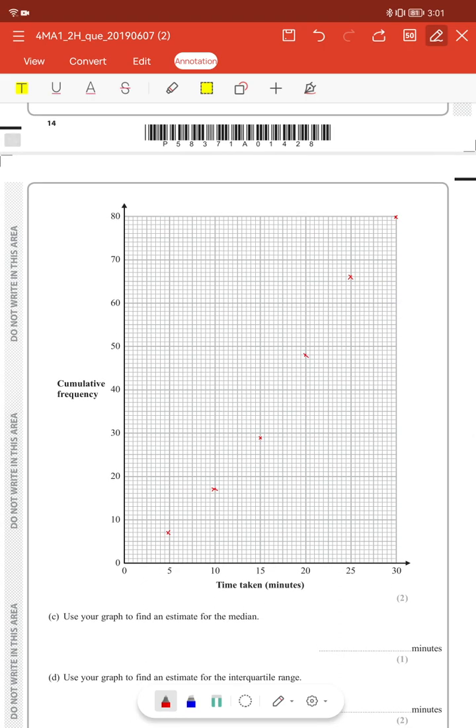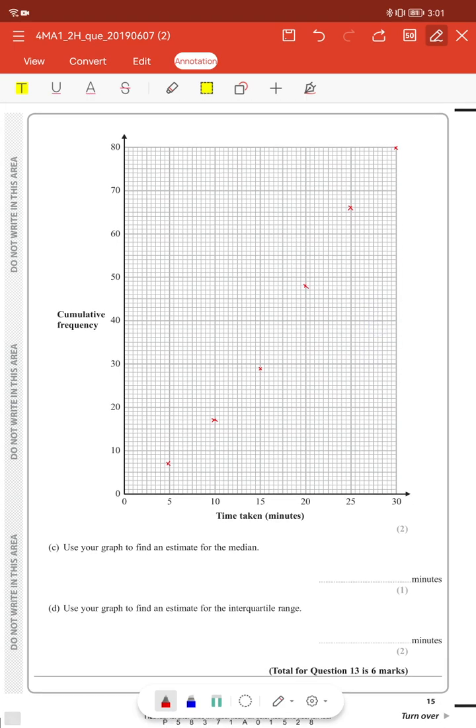And remember, what you want really is a smooth curve that goes between all the points, slightly better than mine.